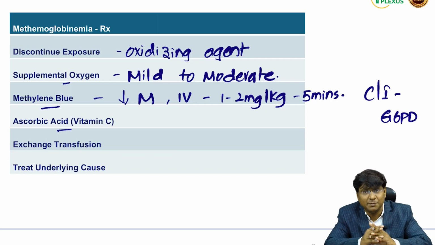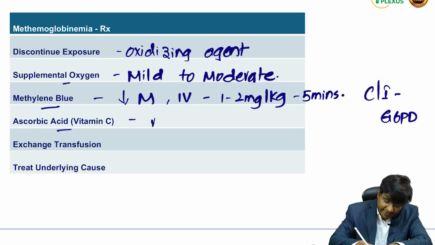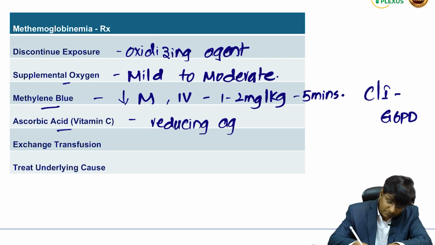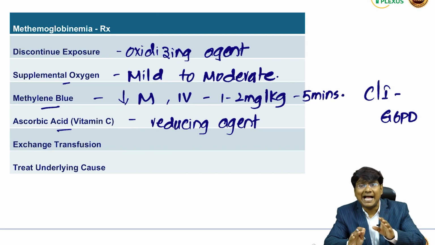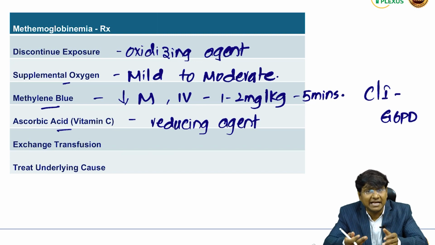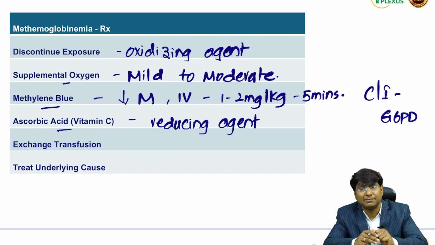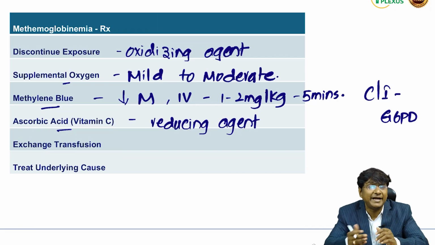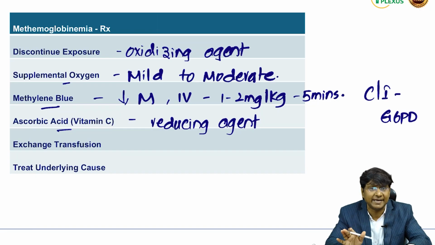Ascorbic acid will act as a reducing agent and it can help to reduce the methemoglobin levels. However, its efficacy in severe cases is limited compared to methylene blue. So efficacy wise it is not that great, but wherever methylene blue is contraindicated, then you can give ascorbic acid.